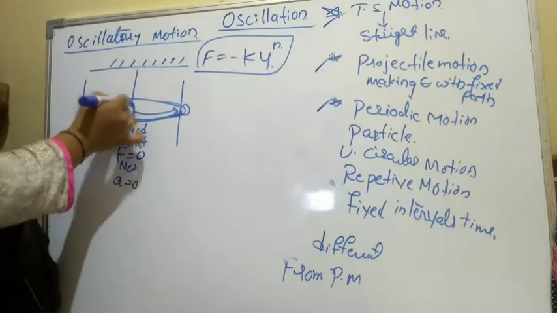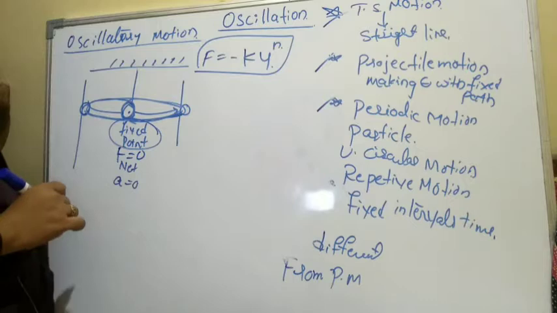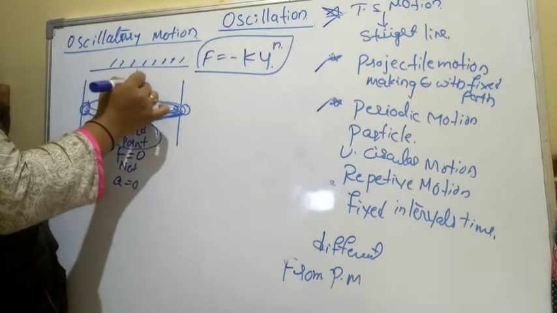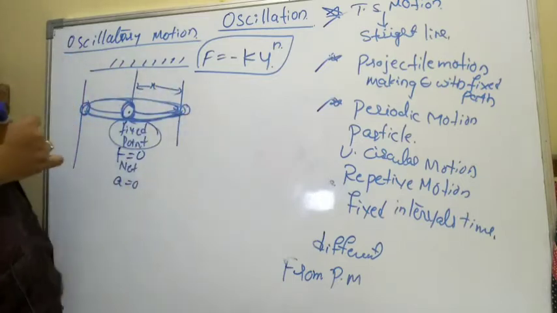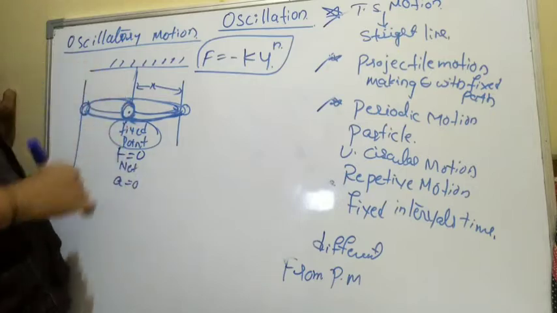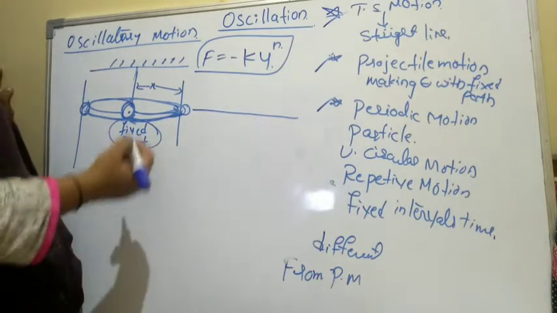Once the bob is moving from the mean position, or we can say the fixed position, towards one extreme position, can I say this is the displacement experienced by the particle from the mean position? Recall the mathematical scale.